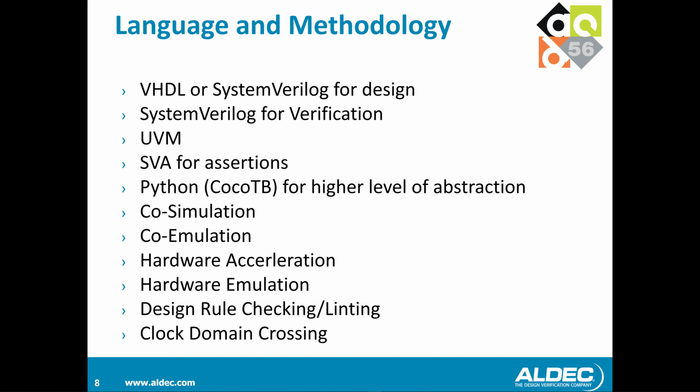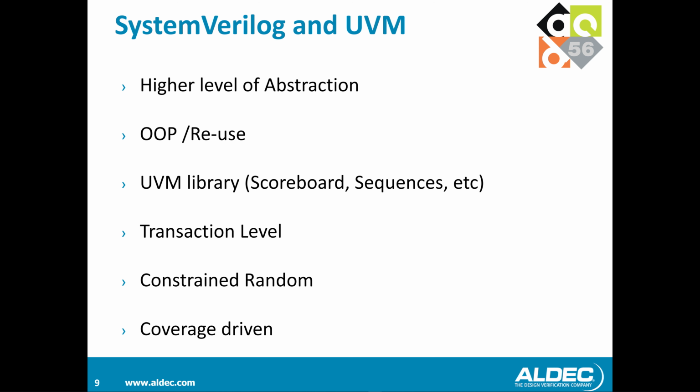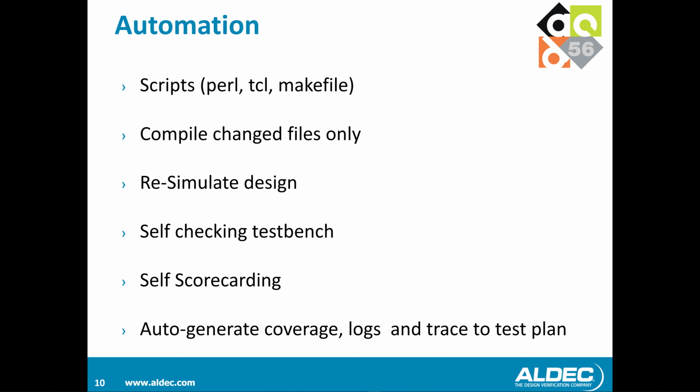Not at par, but it's still developing. SystemVerilog and UVM are OOP based, with UVM libraries for scoreboards, sequences, and sequence items. They are transaction level, constraint random, and coverage driven. There are also automation scripts, compile chain files, a self-checking testbench, scoreboard, and auto-generated coverage logs and traces to the test plan.